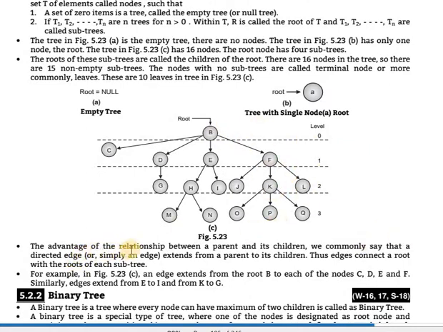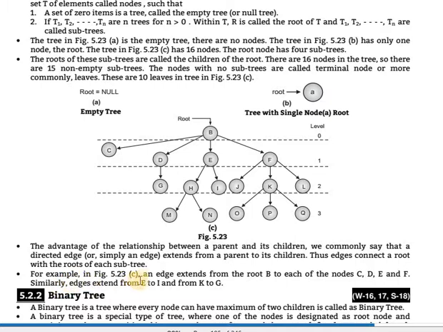For the relationship between the parent and its child, we commonly say that a directed edge, or simply an edge, extends from the parent to its children. Such an edge connects a root to the roots of each subtree.